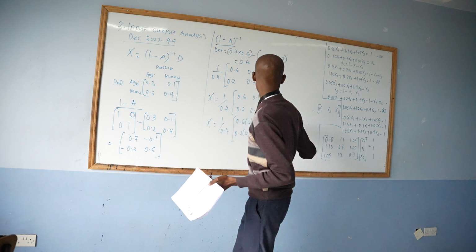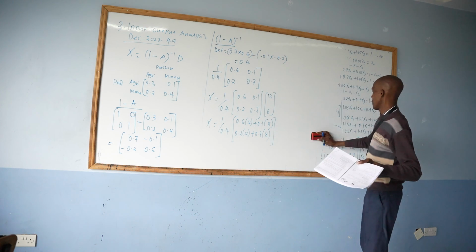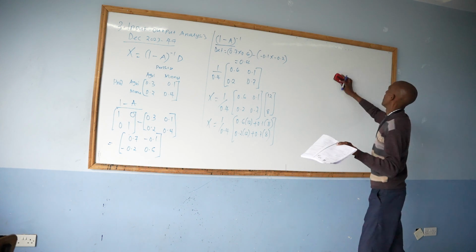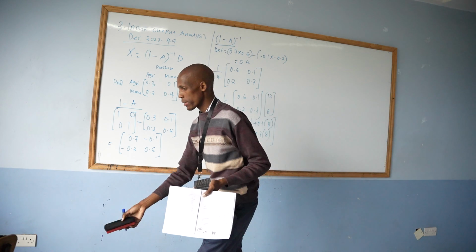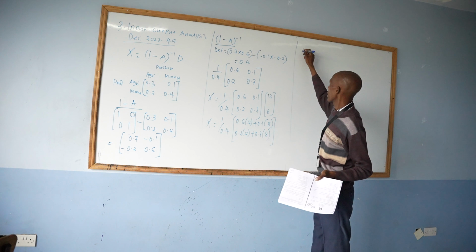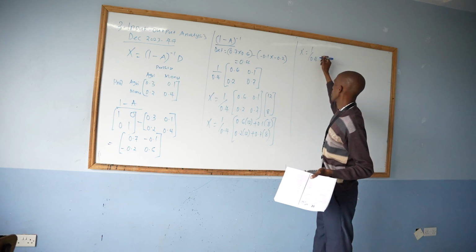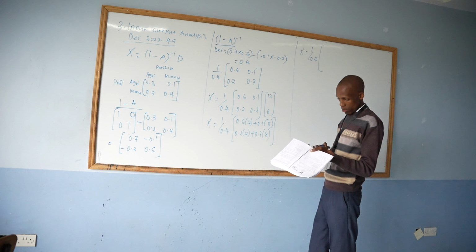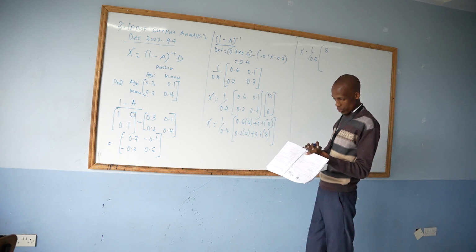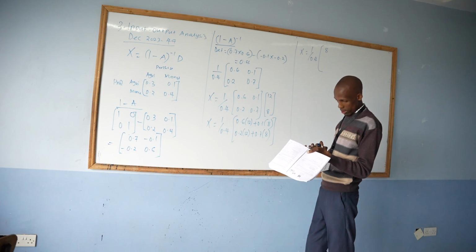So now our final case will be given as x equals 1 over 0.4 in bracket, multiplying 0.6 in bracket 12, plus 0.1 in bracket 8. You get 8, and the other one is 0.2 in bracket 12, plus 0.7 in bracket 8.